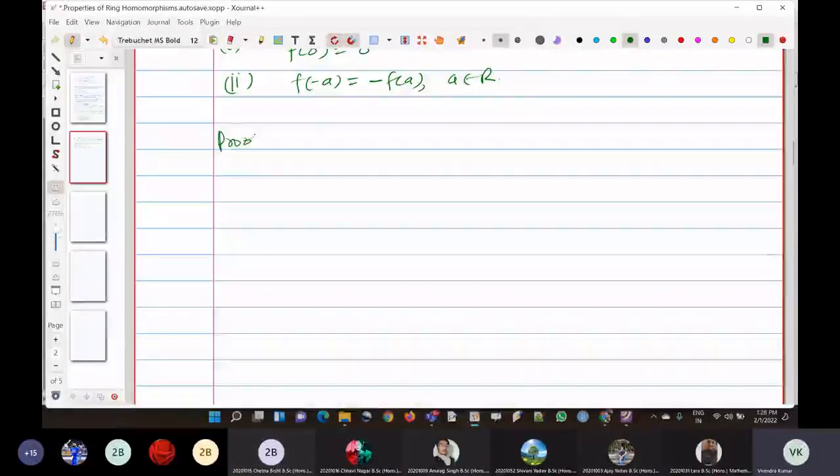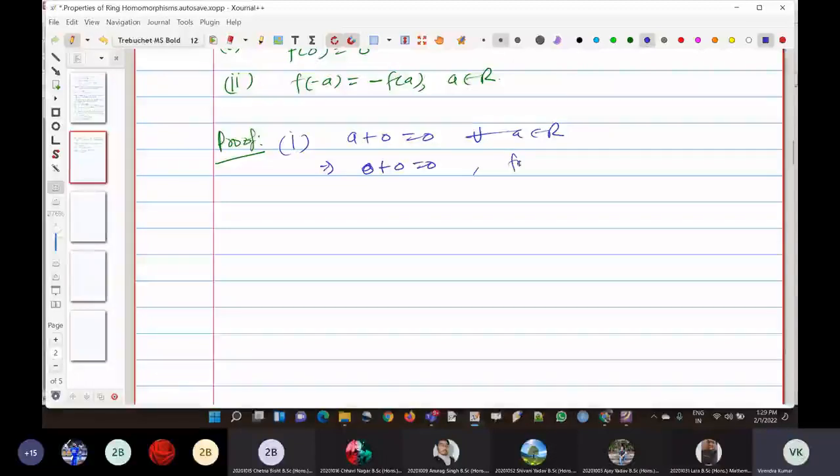So let us see the proof. These are identical to what we have done in group theory. So for the first one I will be brief while dealing with these proofs. a plus 0 equals a for all a belongs to R. That we know. And this implies 0 plus 0 equals 0 for a equals 0, and of course 0 belongs to R. And this implies f of 0 plus 0 equals f of 0.